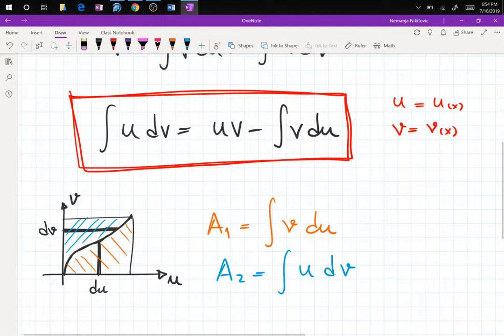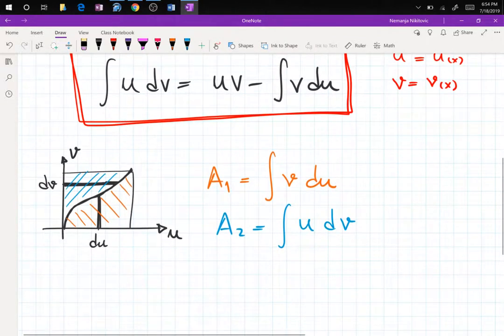So you have two areas, orange area and blue area. Now you also have a black area, which is everything, and the black area is simply how much you go out in u times how much you go up in v, which is represented by the total area inside the rectangle. So this is the dimension of u, this is the dimension of v, so the total area of everything is u times v.